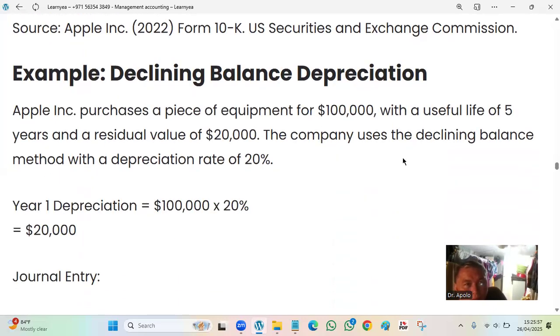Then let's have the declining balance depreciation. Example, Apple purchases a piece of equipment for 100,000 with a useful life of 5 years and a residual value of 20,000. The company uses the declining balance method with a depreciation rate of 20,000. So year 1 depreciation is 100,000 times 20% of 20,000.